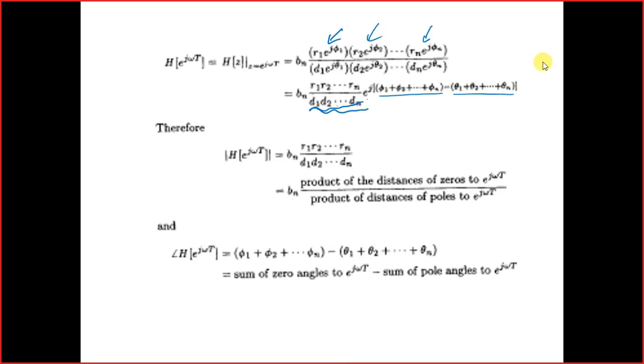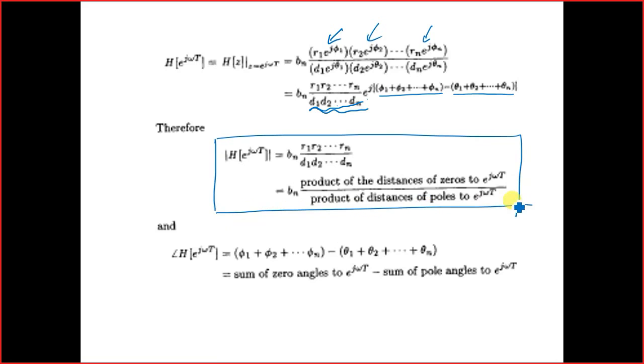Now, if we compare the output from here, the amplitude response is given by Bn multiplied by the product of the distances of zeros to e to the power j omega t divided by the product of the distances of the poles to e to the power j omega t. In the s-plane it was the same, but it was on the imaginary axis. Okay.